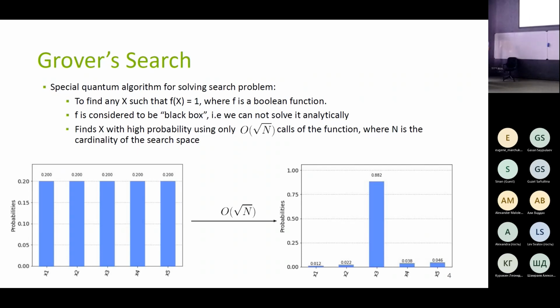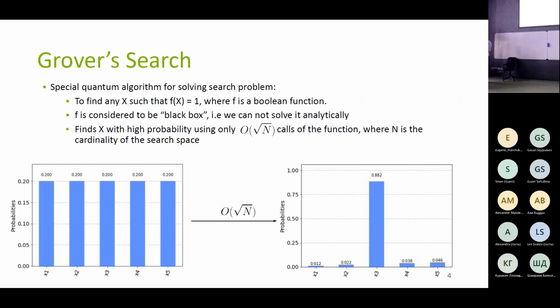It operates on such searching problems by taking, let's say, it doesn't depend on the function itself, which we are trying to search, but it implements the search process itself.